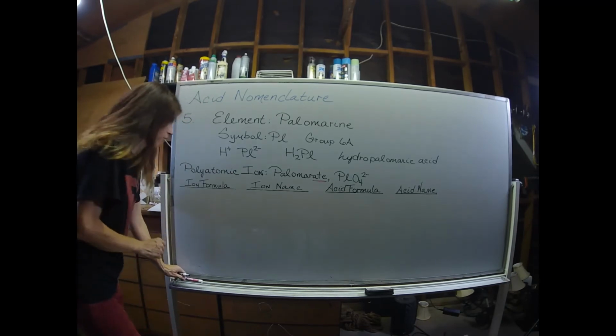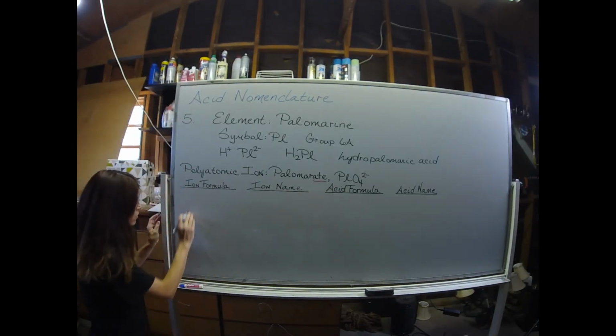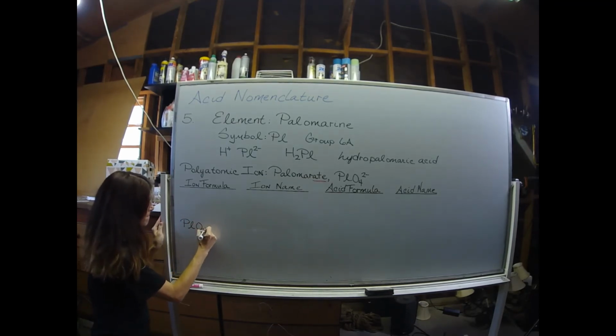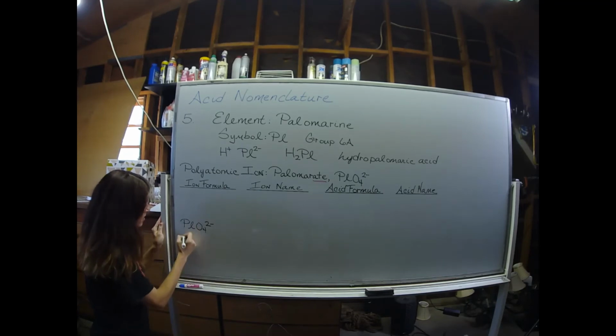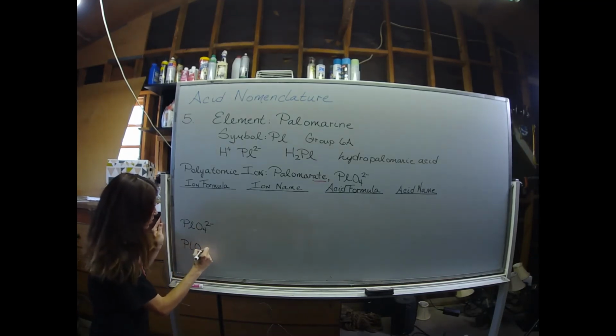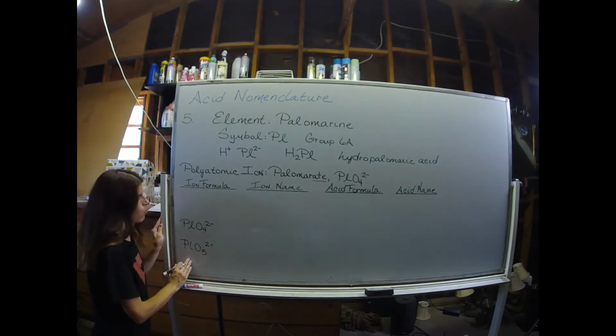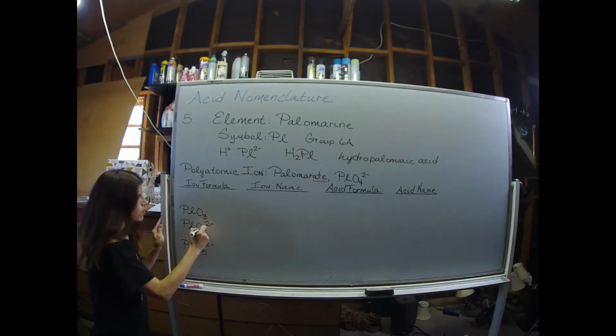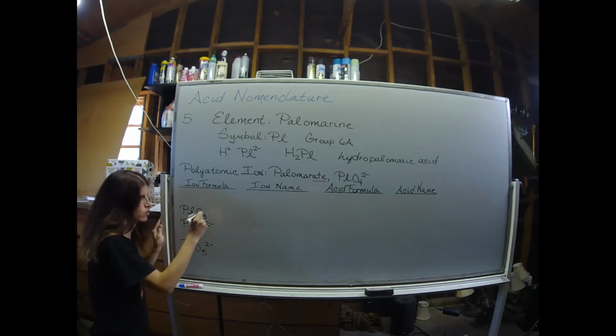So let me start with the formulas. Just plain old ate would go down here. And then we're going to have a species that has one more oxygen, so we'll do PlO5. And then we're going to have two species up here. The first one will be PlO4, and then I'll take away one, so I'll do three oxygens on that one.